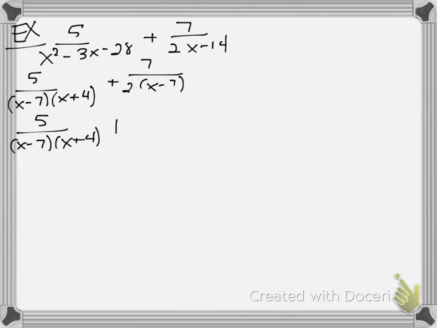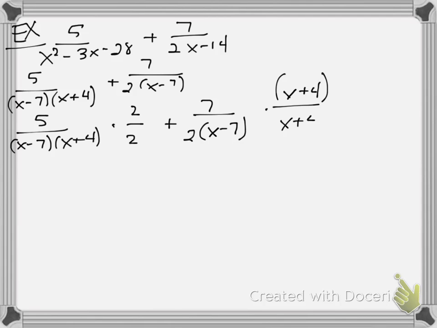All right, so now I need to multiply by 2, right? 2 over 2. And then over here I have adding 7 over 2 times x minus 7. And then I multiply by what over here? x plus 4 over x plus 4.